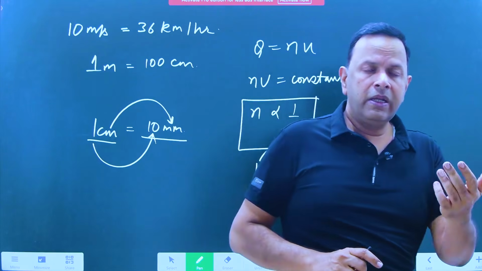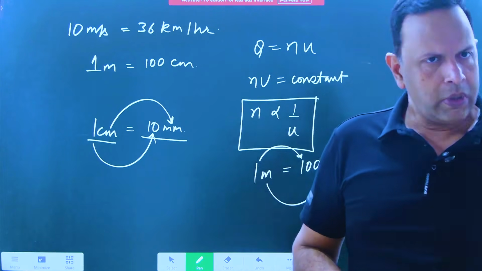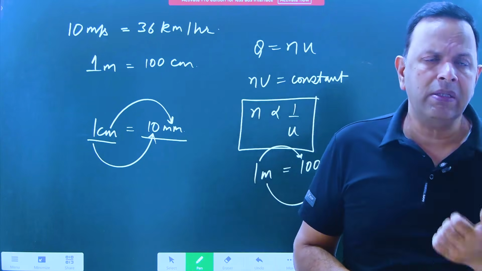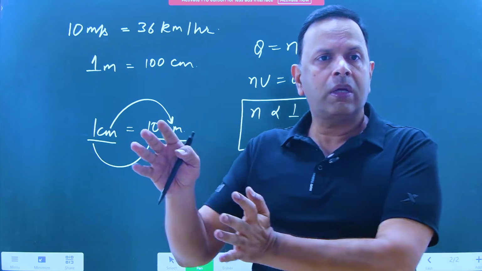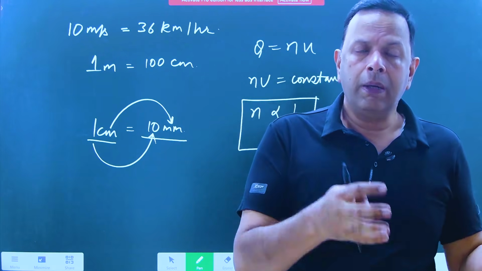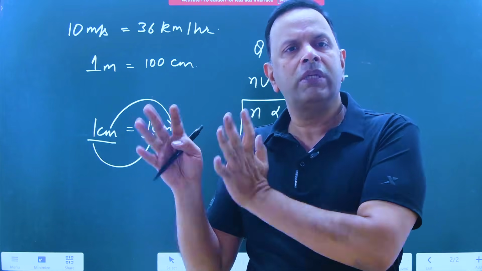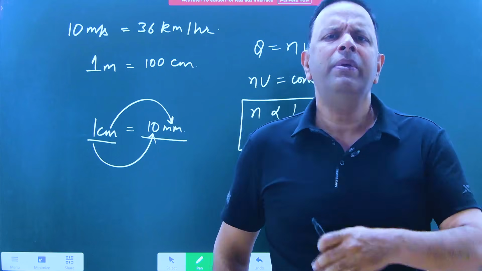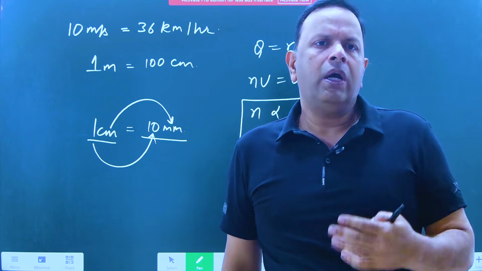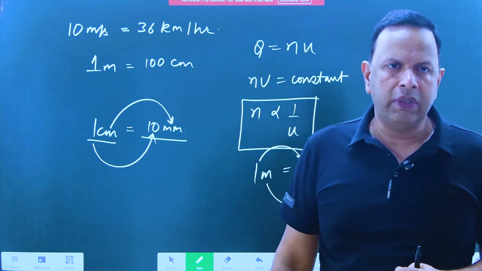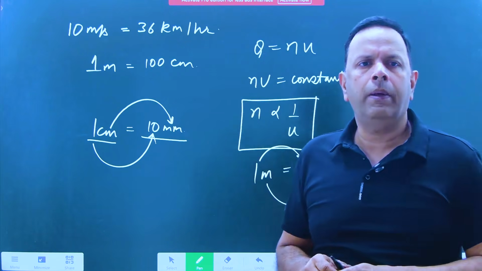Someone asked that yesterday there was J cap also. Yes, correct. Yesterday I was telling you what I cap and J cap is, but we are not continuing that today because I told you that the vector approach will be taken exclusively when we go with the vector analysis, and that will be done later. We can't do it so quickly. Before vectors, we have to go through a few more things, then the vectors will come.